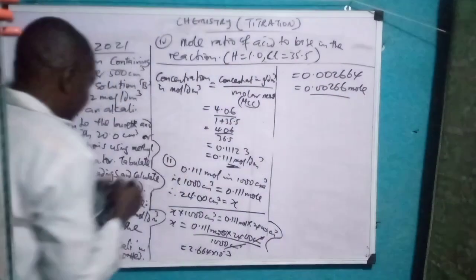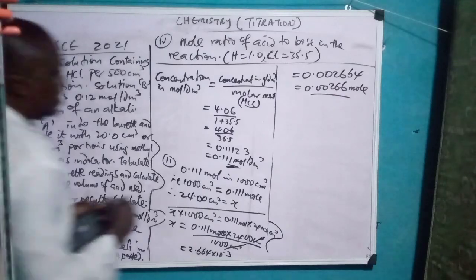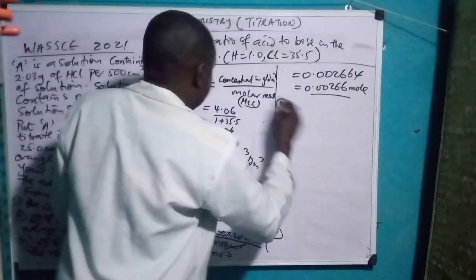Okay. Then the other one, number of moles of alkali in the volume of B pipetted. That's Roman figure 3.